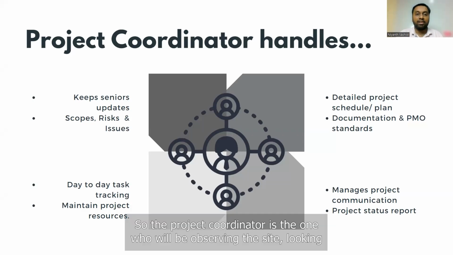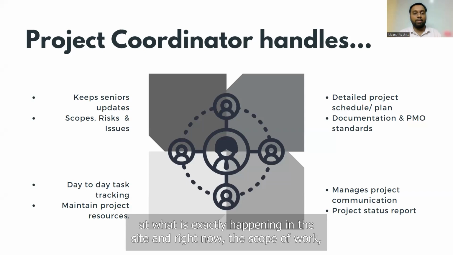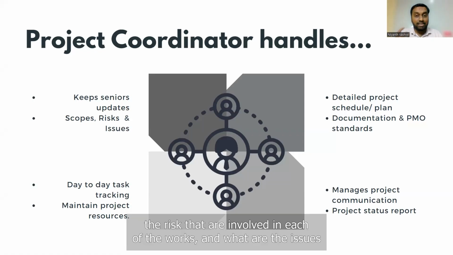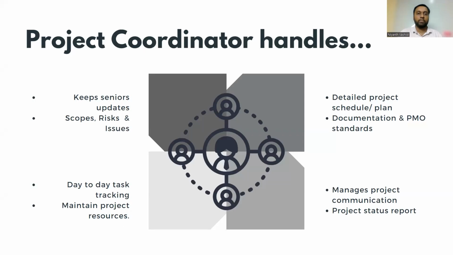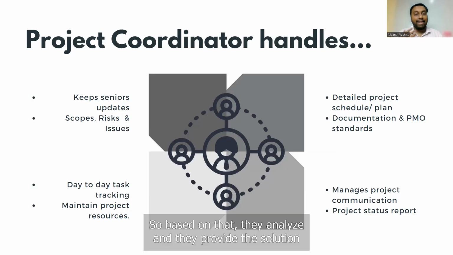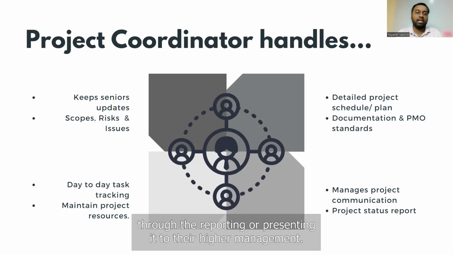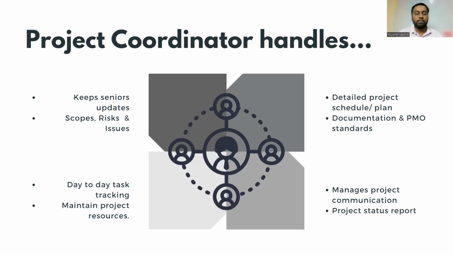So the project coordinator is the one who will be observing the site, looking at what is exactly happening in the site, and write down the scopes of work, the risks that are involved in each of the works, and what are the issues that come for each of the work as well. So based on that, they analyze and they provide the solution through reporting or presenting it to their higher management.